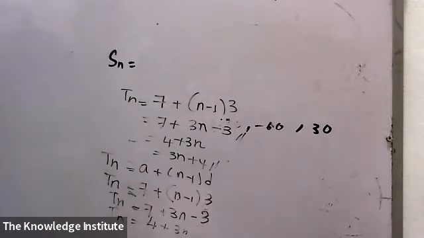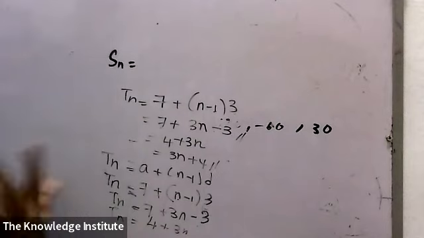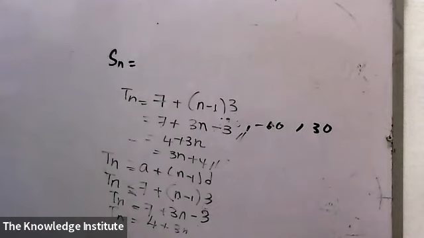Students, in this they have given it clearly as arithmetic. In some questions they will clearly tell geometric. But in some questions they won't tell you whether it's arithmetic or geometric. Instead, they will give you a small paragraph and tell you to find.